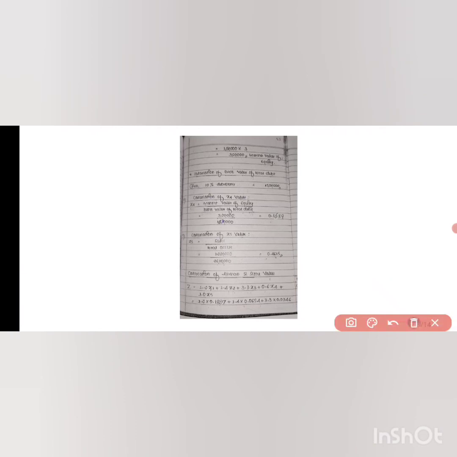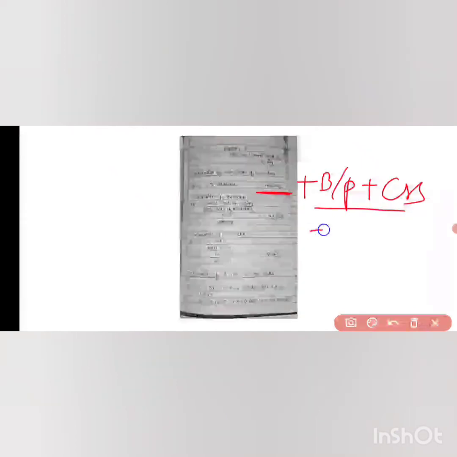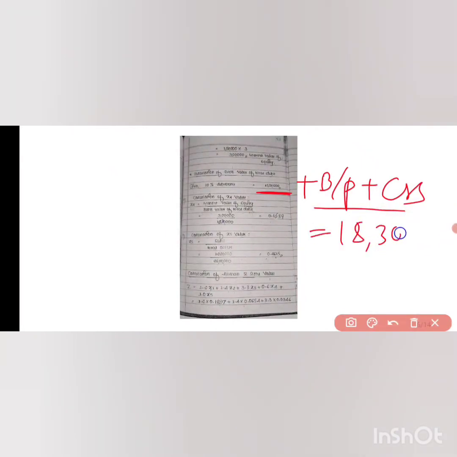See, I haven't calculated here. I have just taken one amount, that is of the 10% debenture. You just have to add the bills payable amount and the creditors amount, and it will come to 18,30,000.